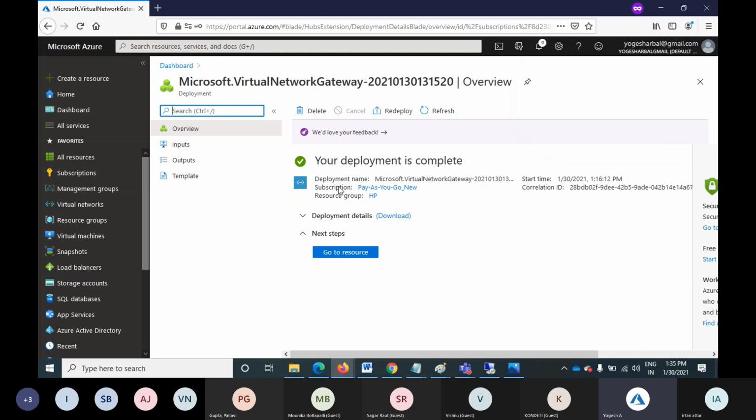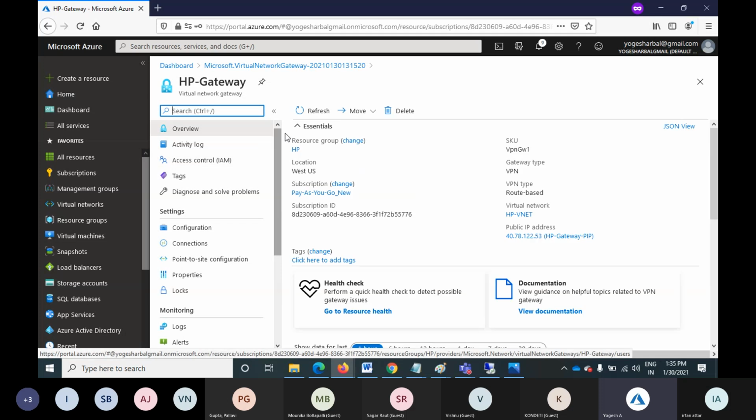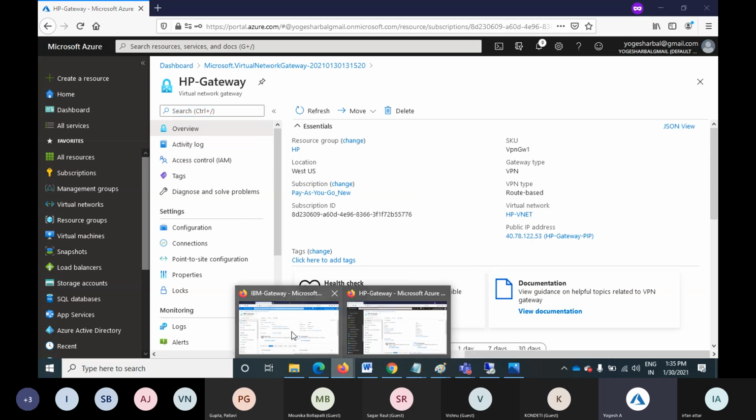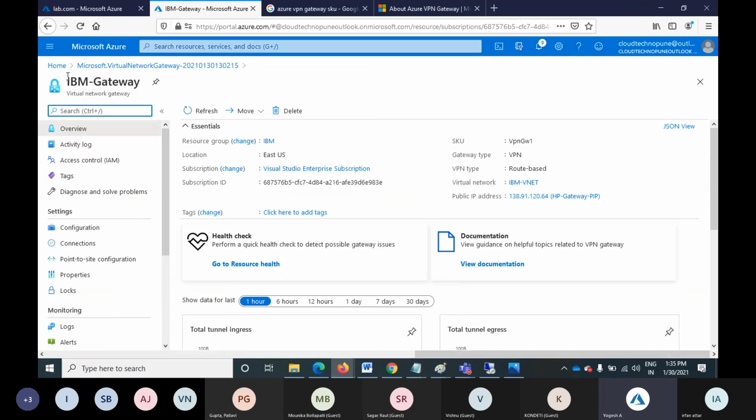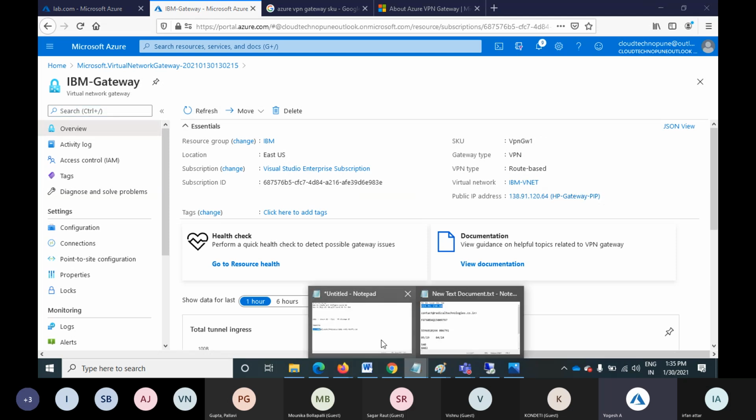Okay, so we have deployed another gateway as well. So let's go step by step. This is the IBM gateway, and we'll collect all the information into the notepad.